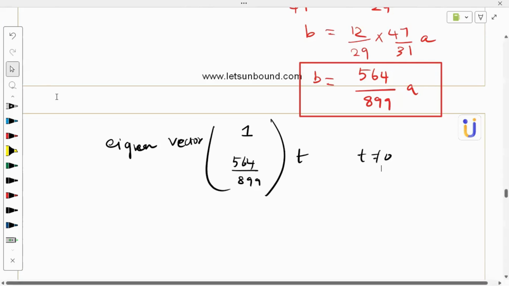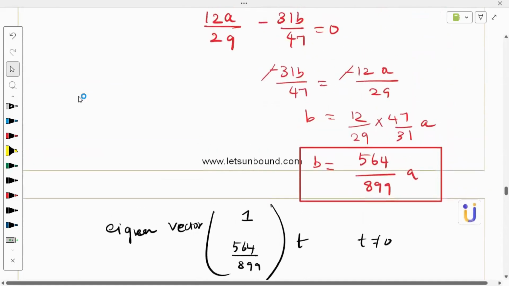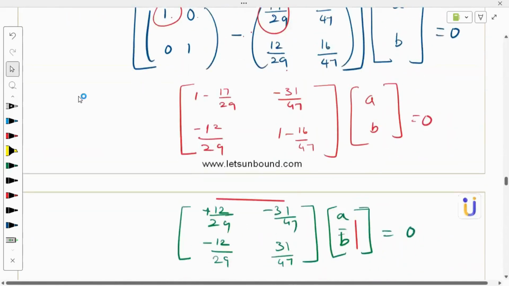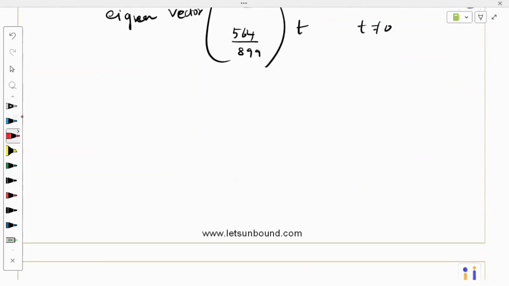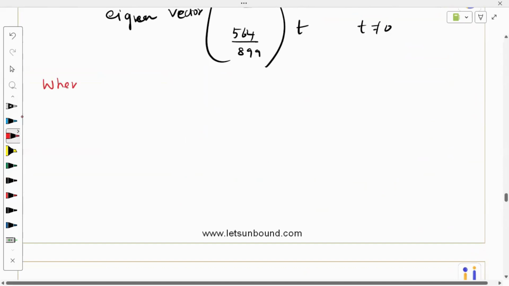Right? Now, okay, for lambda equal to 1 we did. For lambda equal to negative 0.0734, that eigenvector also I need to find. When lambda equals negative 0.0734, what is the eigenvector?